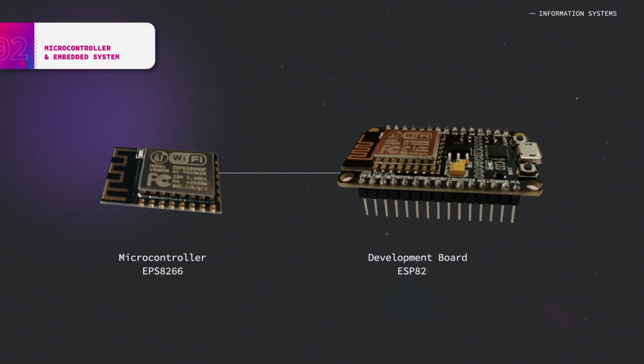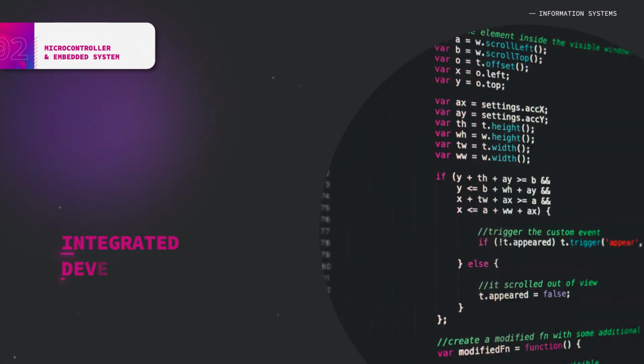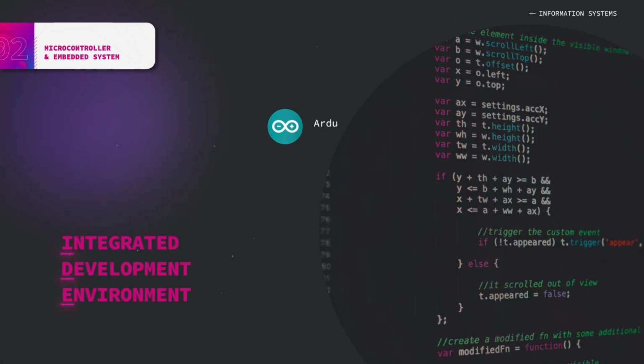Nowadays, every manufacturer proposes development boards that provide DuPont wire connectors for easy prototyping, a USB connector, a chip to convert USB signals to UART signal, and a microcontroller with wireless connectivity, Wi-Fi. In terms of environment, to program these microcontrollers, Arduino gains in popularity due to its simplicity and accessibility. However, it's not a real integrated development environment.